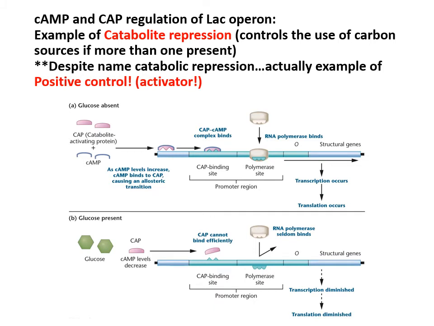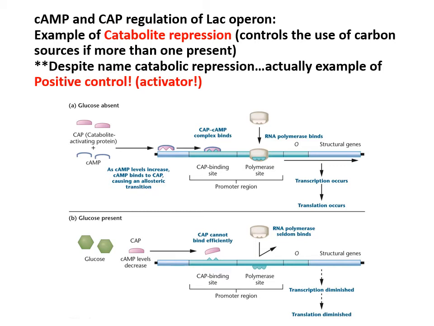So what happens in this process, if glucose is not present, in the absence of glucose, what's called cAMP complexes with CAP so that CAP can fit perfectly on the promoter. And when CAP is present, then the polymerase binds beautifully and you get transcription.